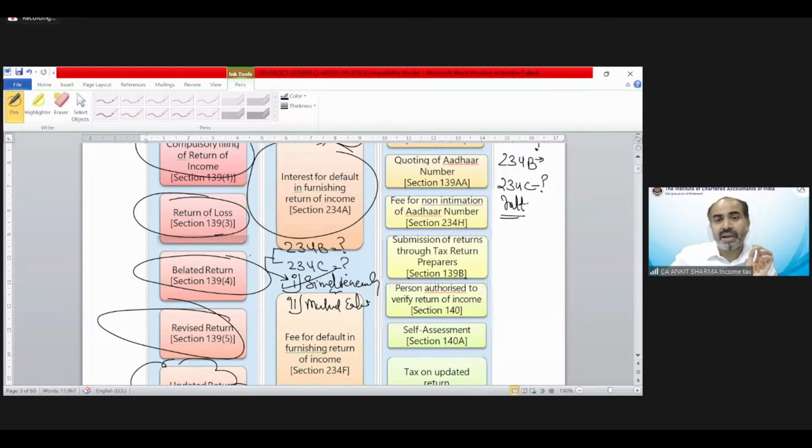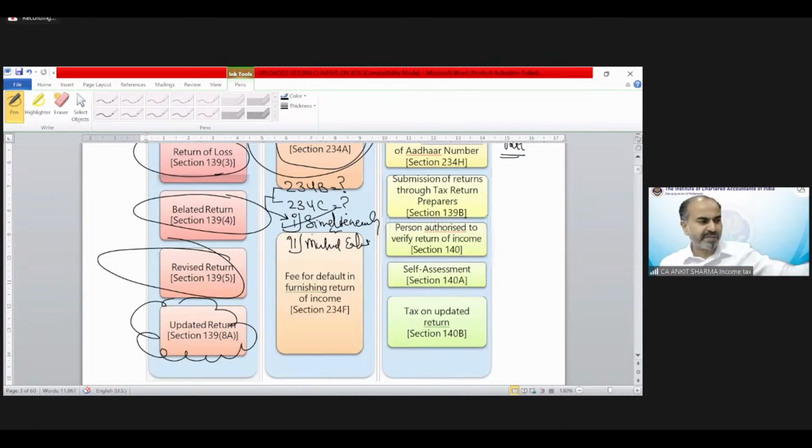This is for late filing of return of income. If you file your return of income after the due date, then from the expiry of the due date till the date of actual filing of return or assessment, for that duration you have to pay interest under section 234A.